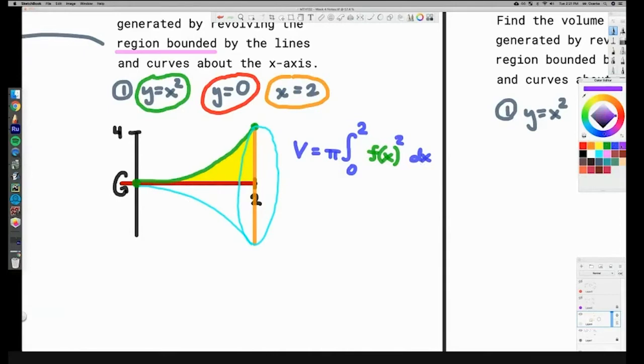Okay, from here, I'm going to simplify this a little bit. f of x squared is just x squared squared, which is x to the 4th. I just don't feel like writing all this over again, so I'm just going to simplify it there. Okay, this means antiderivative, and then you plug in 2 and 0. So I'm going to do the antiderivative first, and plug in 0 and 2.